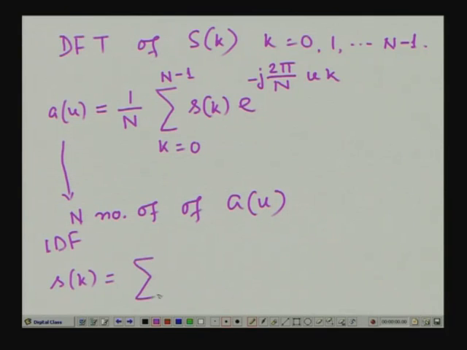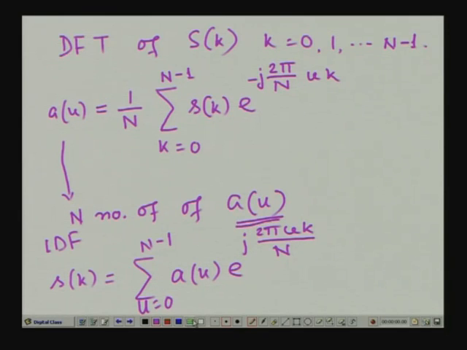This inverse discrete Fourier transform is given by the sum of Au e to the power j 2 pi uk by capital N, where u has to vary from 0 to capital N minus 1. So, this set of N complex coefficients is what is known as the Fourier descriptor of the boundary points.